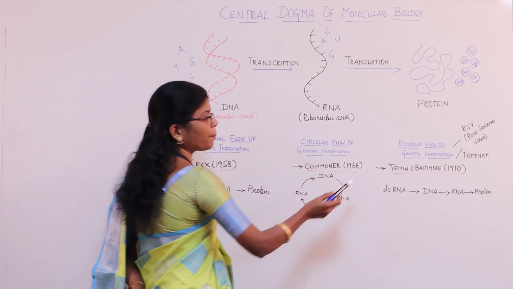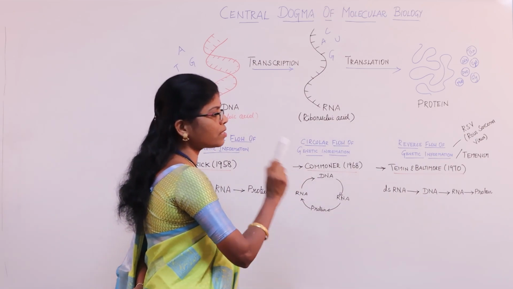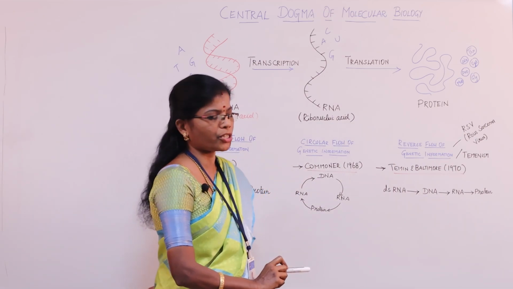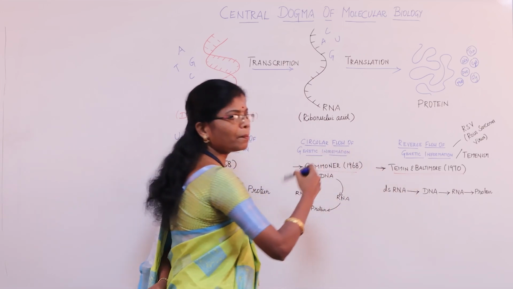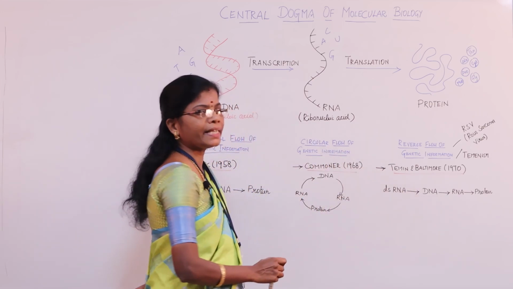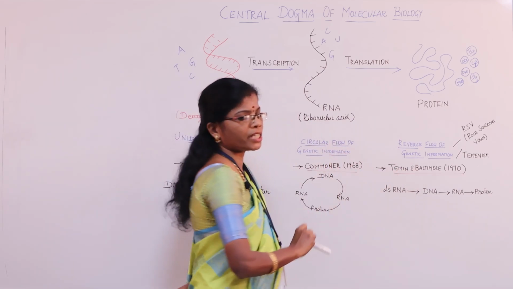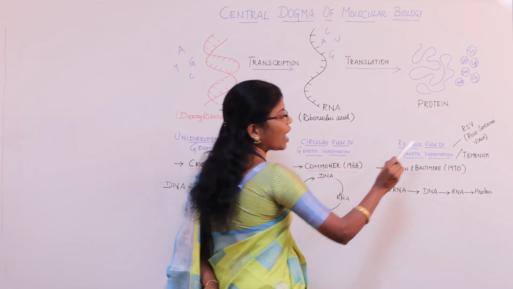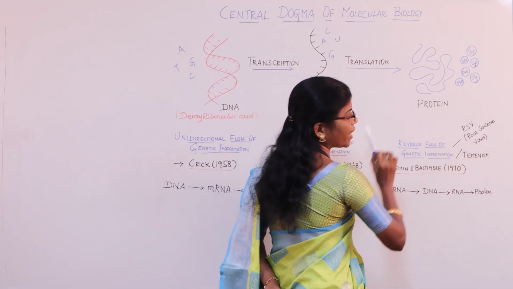Let us see what happens in the case of reverse flow of genetic information. This reverse flow of genetic information was identified by the scientists Temin and Baltimore in the year 1970. They identified this reverse flow in the RSV, a virus called the Rous sarcoma virus.